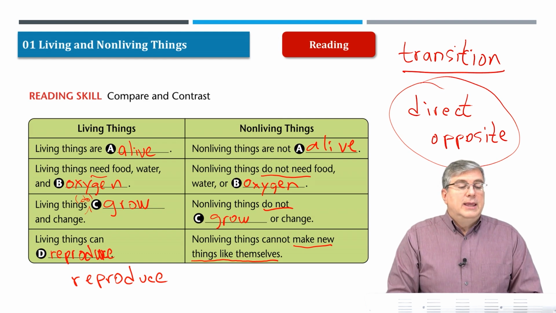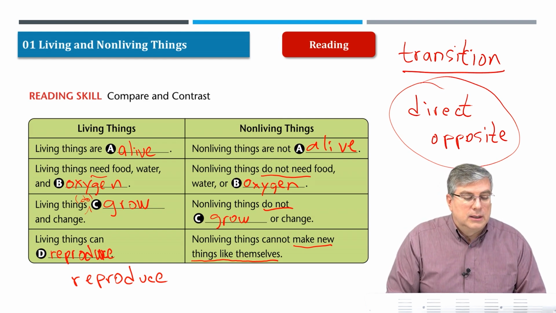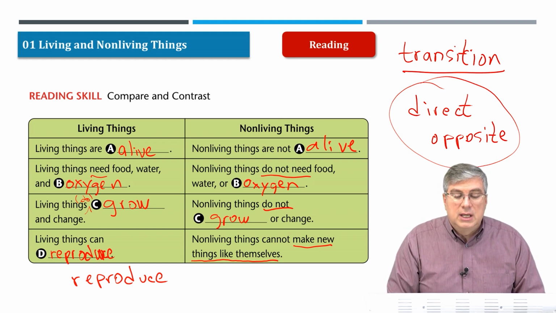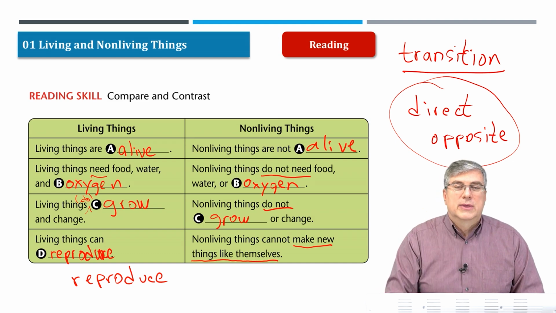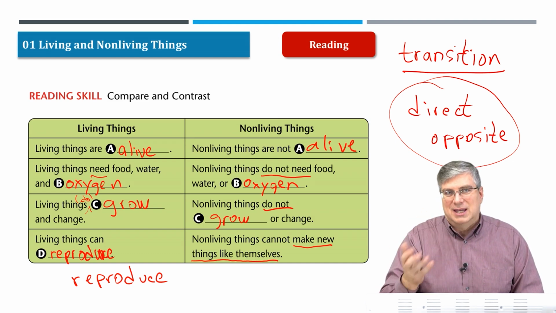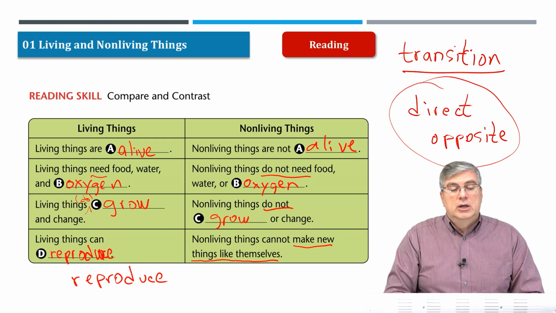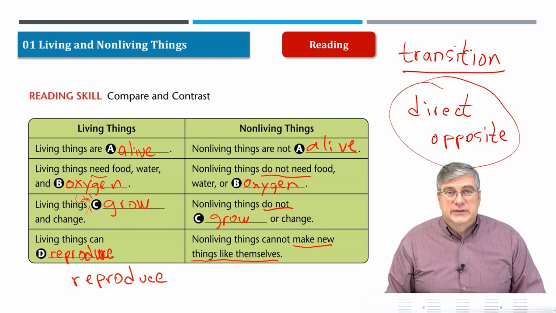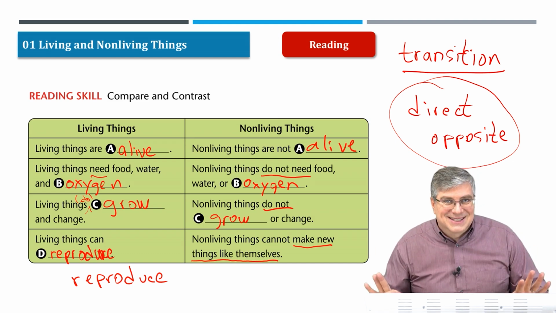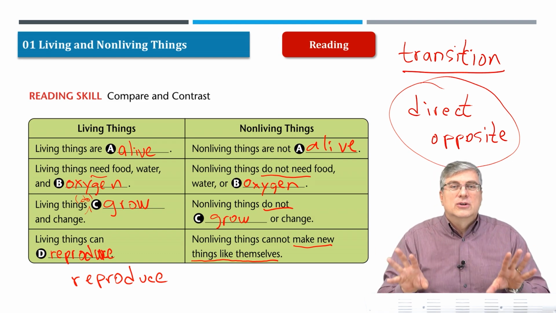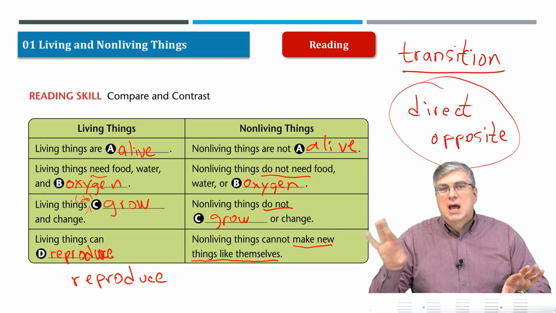Okay. And then finally, as we saw before, living things can reproduce. Non-living things cannot make new things like themselves. That's the same as saying reproduce. Okay, so basically this chart shows us the difference, the opposite characteristics between living things and non-living things.